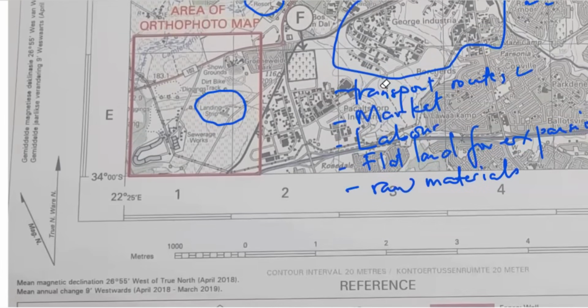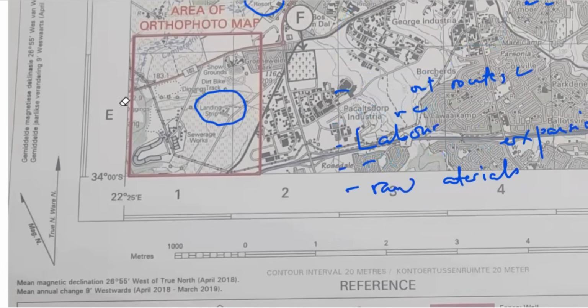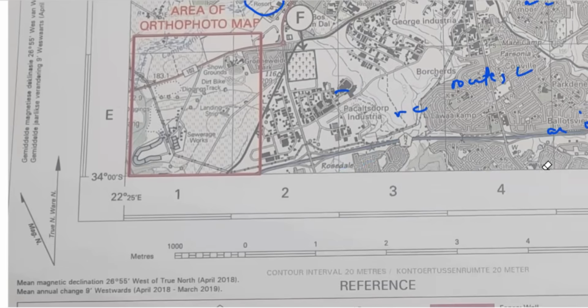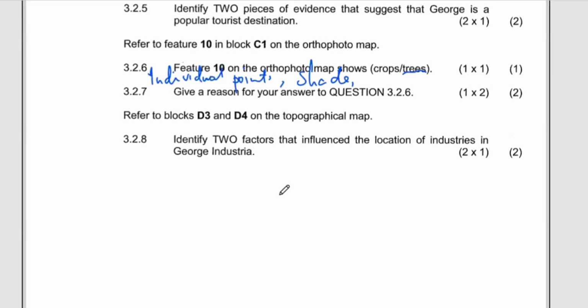The next question is on GIS, which is our question 3.3, our last part of the map skills. Right, on GIS, mainly the basic questions are with regards to concepts.